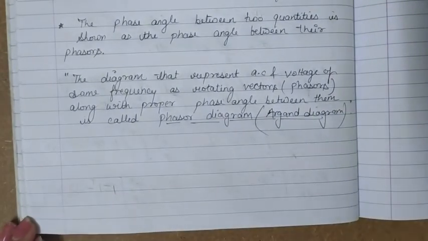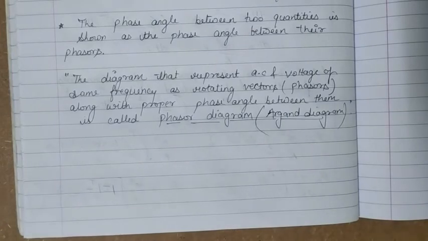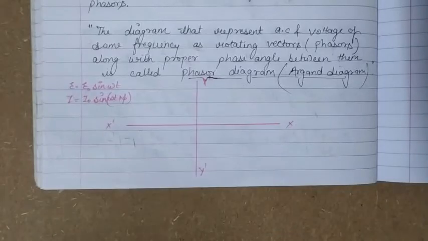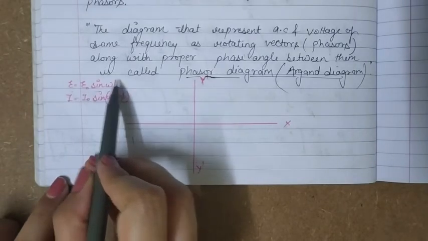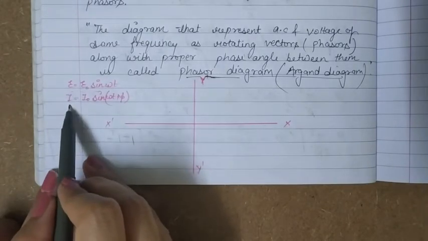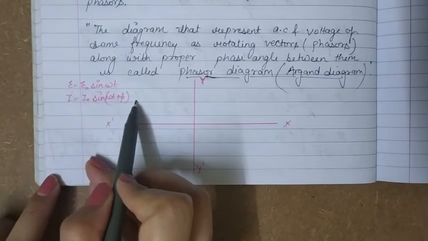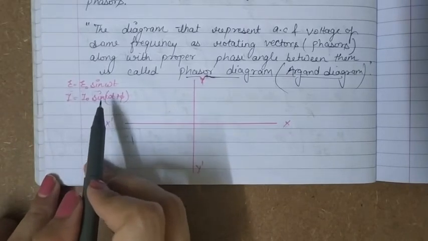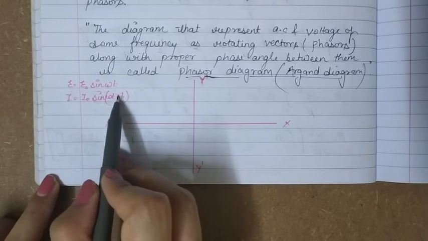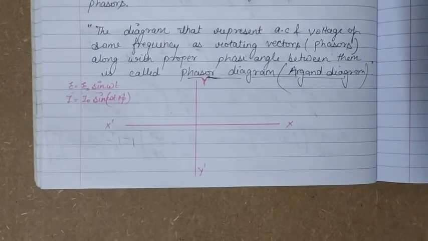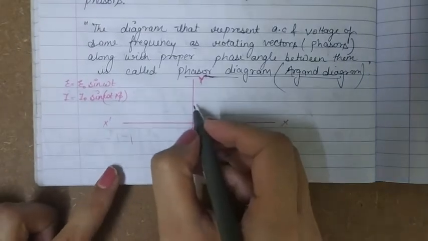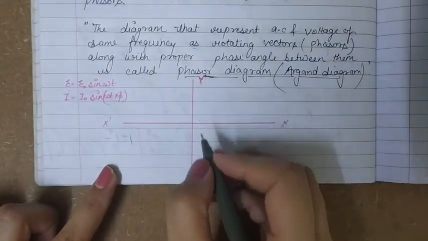So let's see how we can plot this. Here I am going to plot a phasor diagram for the quantities given by epsilon equals epsilon naught sine omega t, this is an EMF or a voltage, and I equals I naught sine of omega t plus phi. Now current is leading the voltage by angle phi. This we have to keep in mind while plotting the diagram. So these are the rotating vectors. First we plot voltage.